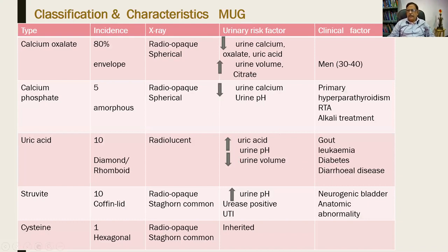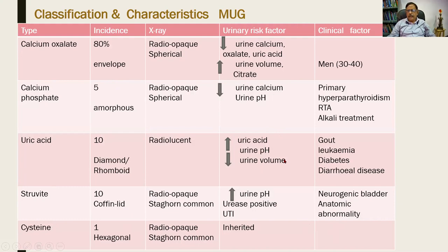This particular tabular column, I would like you people to learn by heart. The various types of stones are mentioned, what is the incidence, and what is the type of the crystal, whether it is envelope shape or diamond and rhomboid shape. What are the risk factors and the causes for occurrence. So kindly learn this tabular column by heart. I do not want to go into it.